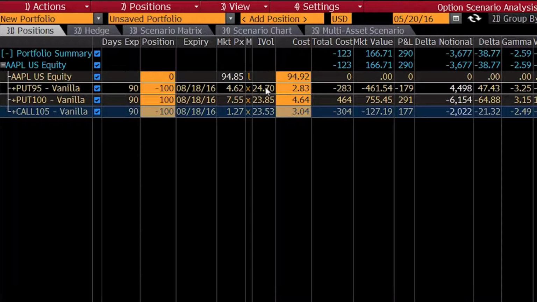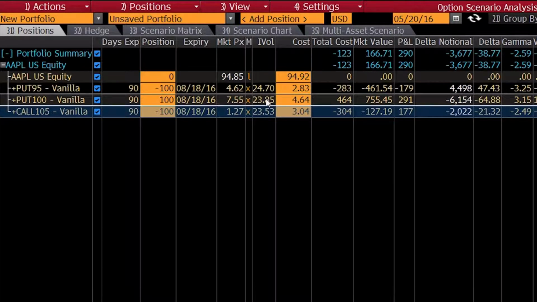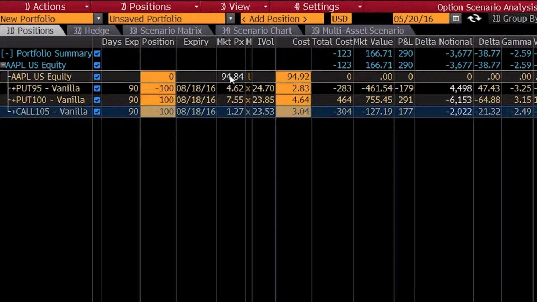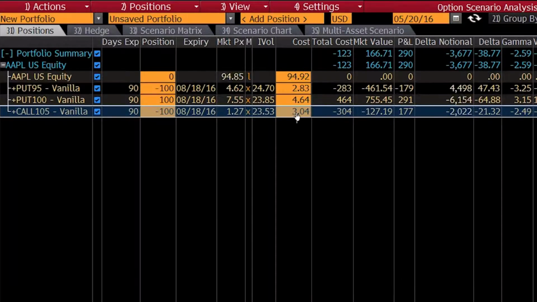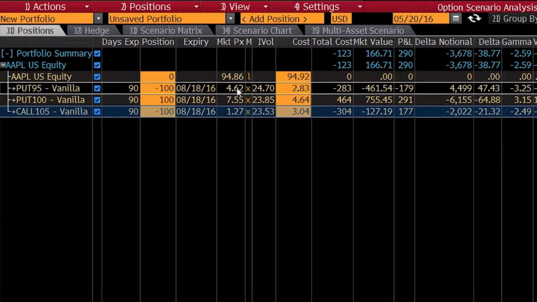Furthermore, because we're looking at the implied volatility from the marketplace, there will also be a Vega component that makes these market prices different from my cost prices. Just have a quick look in your head that you're happy that when the share price is lower, this call is trading at a lower level, but this put is trading at a higher level. You should be comfortable with that concept.